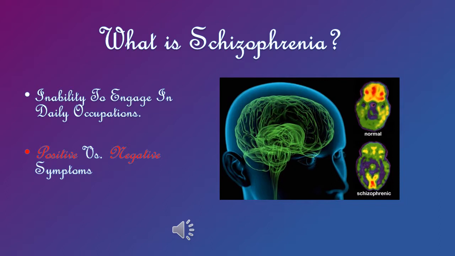The negative and positive behaviors interfere with one or more major areas of functioning required to live independently in the community. These include your work, interpersonal relationships, and self-care. These symptoms can affect multiple aspects of your life and can run you down. And that's why seeking help is the best option.